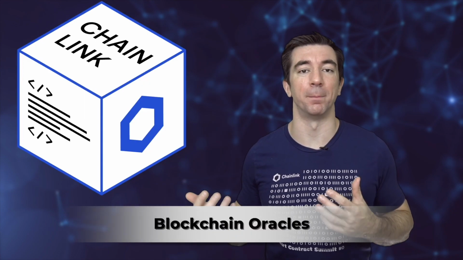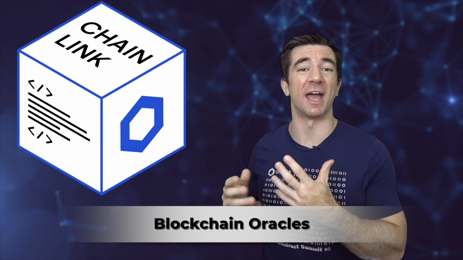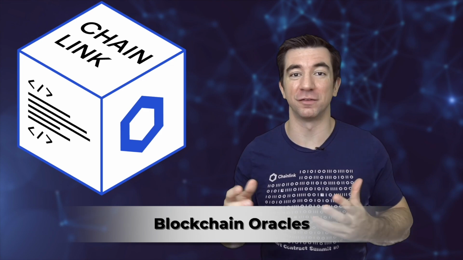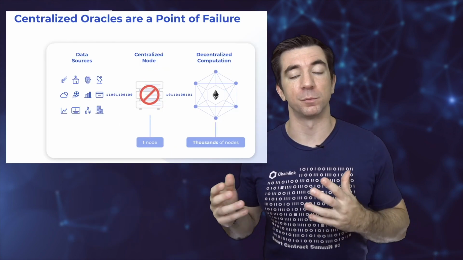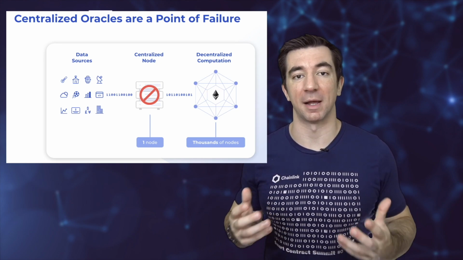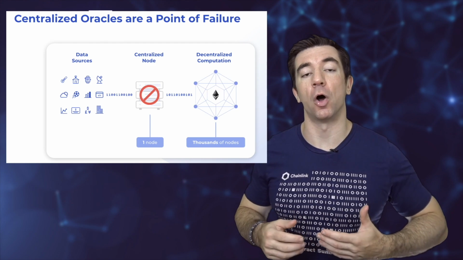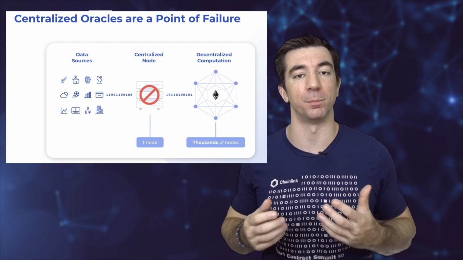Oracles are devices that bring data into a blockchain or execute some type of external computation. So great, oracles are the solution. Now blockchains can talk to the real world, right? Well, not quite. Our blockchains and smart contracts are these decentralized applications. And in order for them to stay decentralized, that means they would also need to get their data and external computation in a decentralized manner as well.